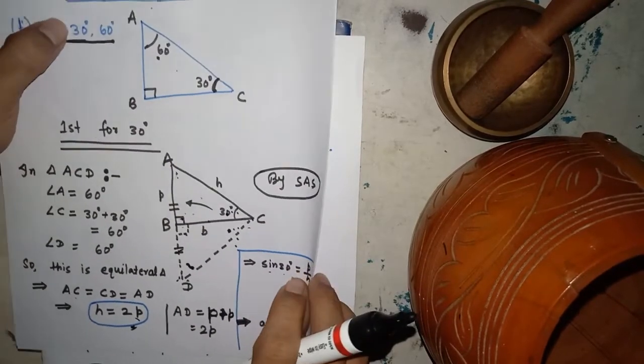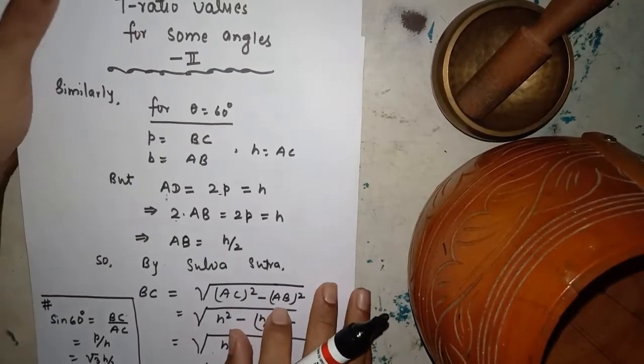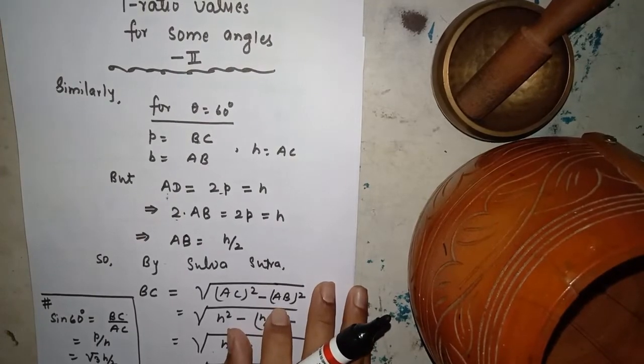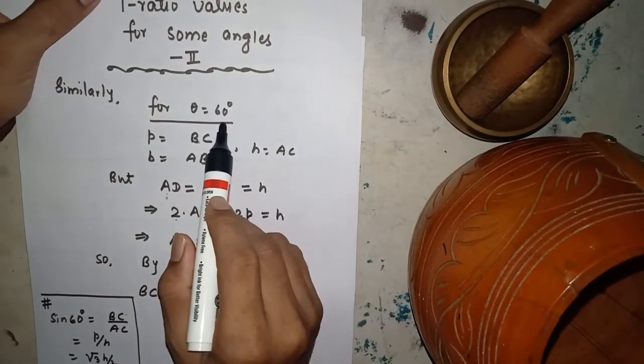Now I am going to discuss how you can find the trigonometric ratio values for theta equal to 60 degree.